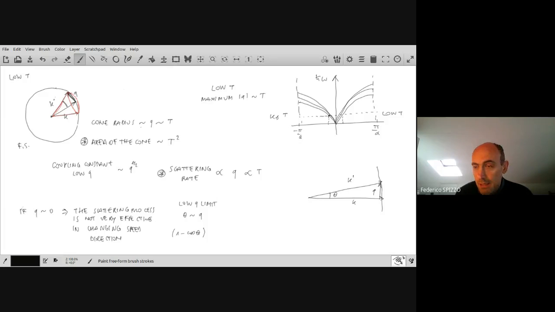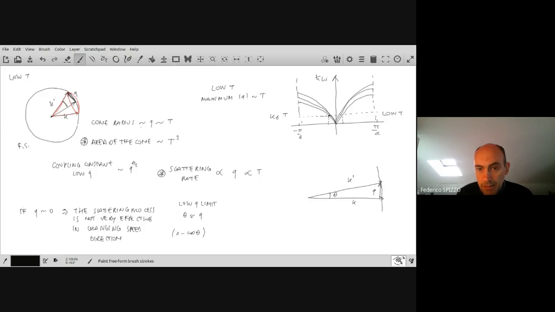If theta is larger than 0, then 1 minus cos theta will not be 0 and will be positive and non-zero. So again, the contribution of the process in changing the velocity increases as theta increases.